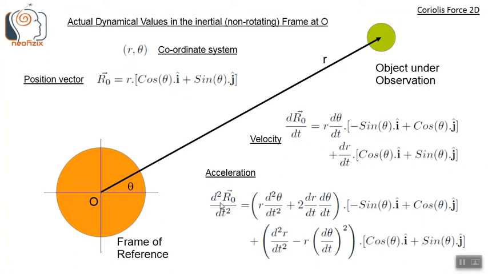And differentiating vector r0 with respect to time twice will give us the instantaneous acceleration. The acceleration term has two components, one radial component and one tangential component. So this is the general form of the acceleration in 2D. This is in the inertial frame.